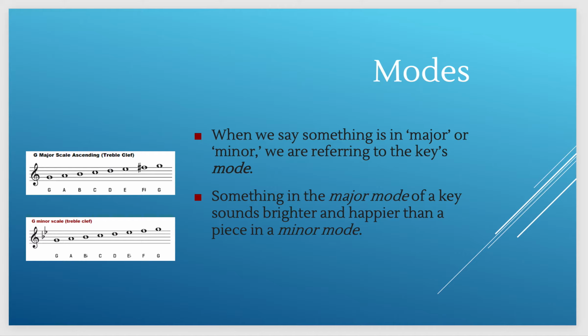Now, sometimes we say a piece is in the key of G major, or we say it's in G minor, or E major, E minor, whatever it is. If we say something is in major, we're talking about the mode of the piece. Two typical modes that we see a lot in music are major and minor. The major mode of a key typically is brighter and is often associated with happier music these days.